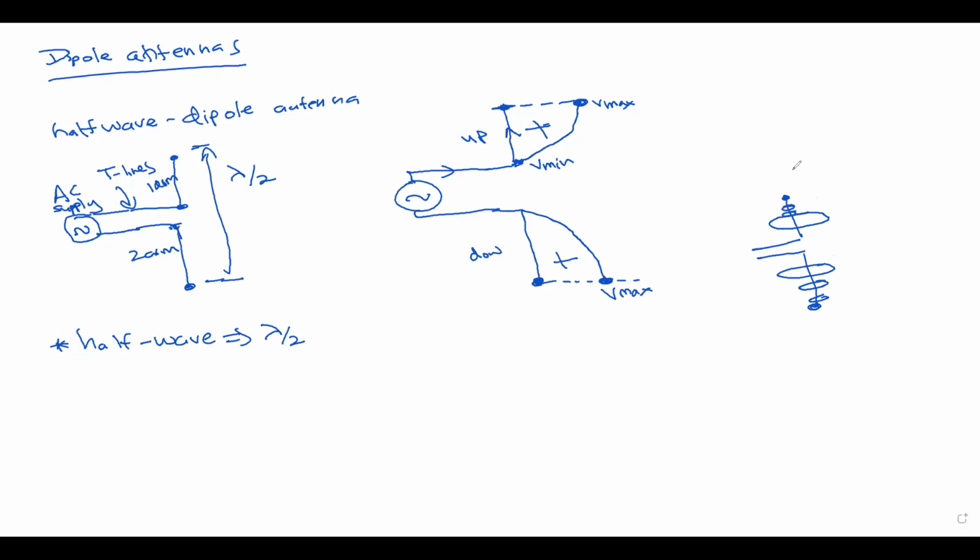The magnetic field will not be created along the axis of the antenna. The antenna has an axis, the antenna axis. The magnetic field will not be created along the antenna axis, so there will not be any radiation along the antenna axis.